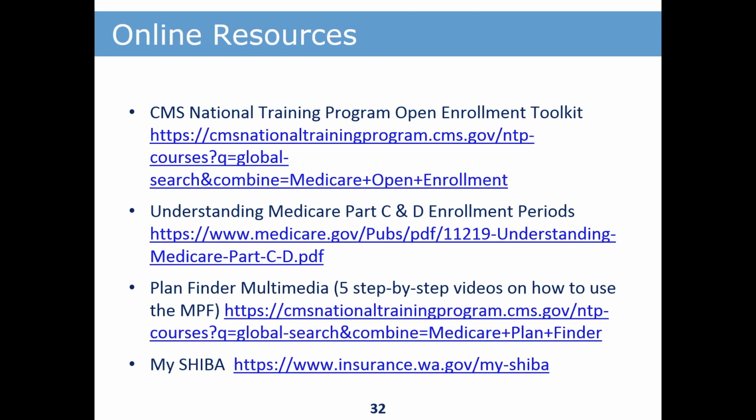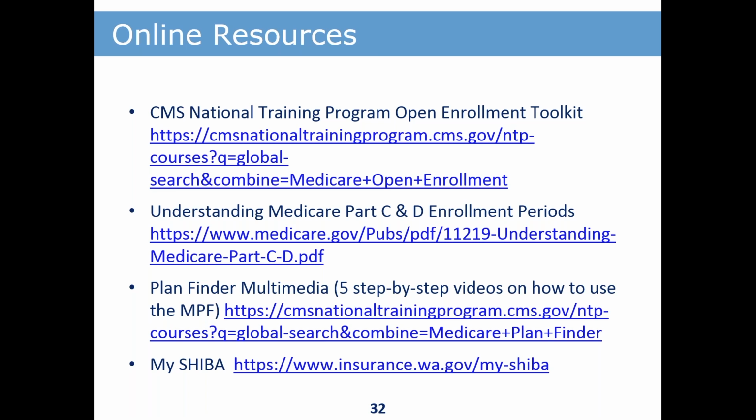Some other resources that you might want to look at: there's an open enrollment toolkit that CMS posts, which includes a bunch of information that might be helpful. There's also a document talking about enrollment periods that's very helpful in terms of understanding when people can enroll if it's not open enrollment.